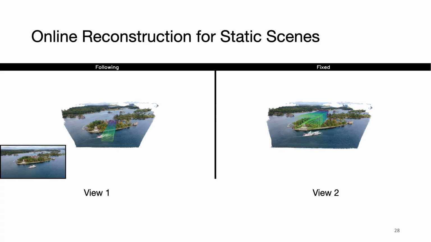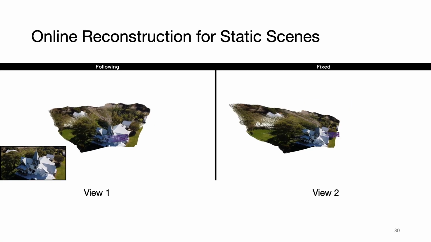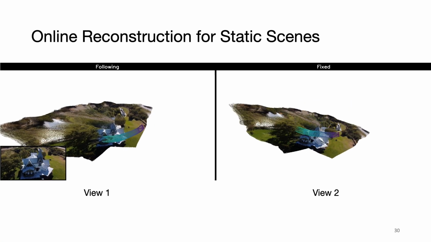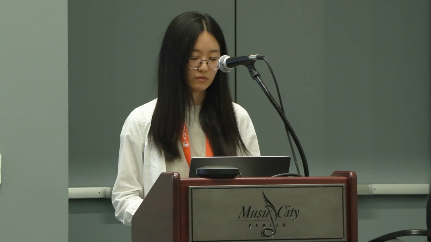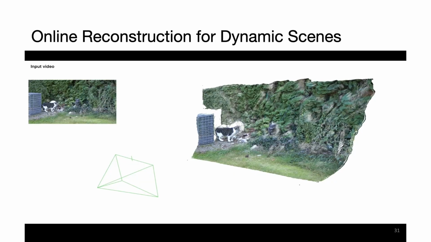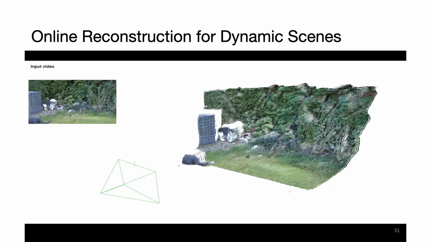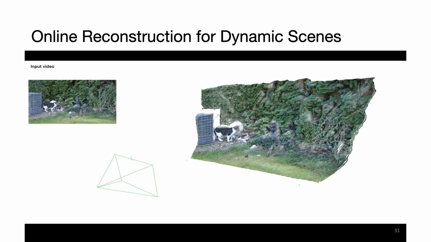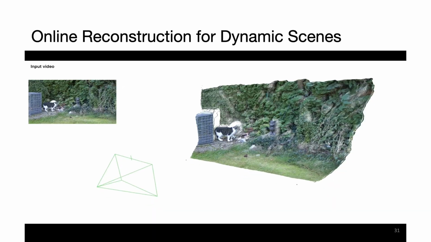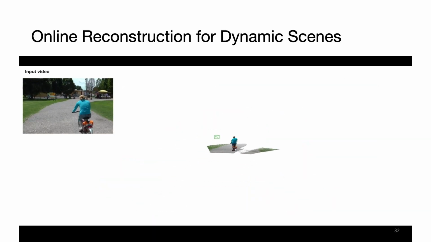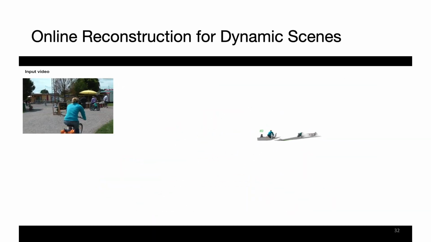And here, let's look at some results. I'm showing the online reconstruction results of our method for static scenes at 2 different viewpoints. This works for various environments and also different camera trajectories. And it also works for dynamic scenes. Here is a feed-forward, online reconstruction for dynamic scenes, with both camera parameters and the dense scene point cloud reconstructed.